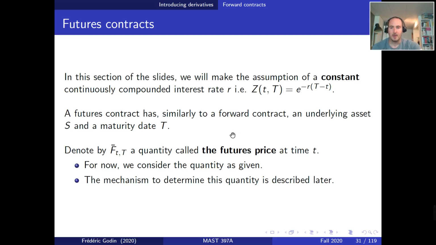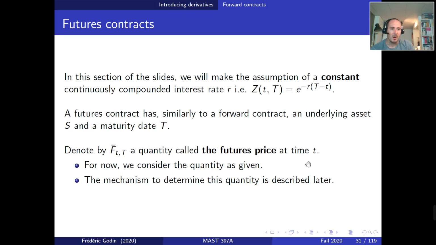Okay, so let's consider a symbol denoted F small t capital T, but with a bar here. So it's F bar small t capital T, and this is a quantity which we will call the futures price at time t. For now we will consider F bar small t capital T to be a given quantity.